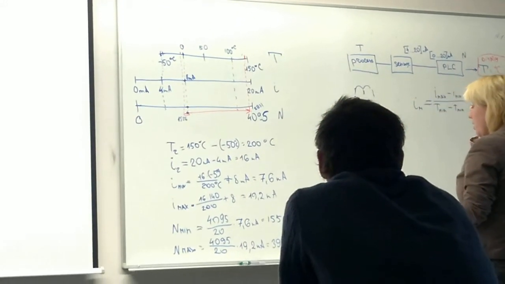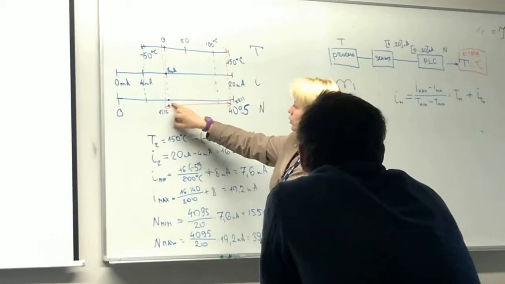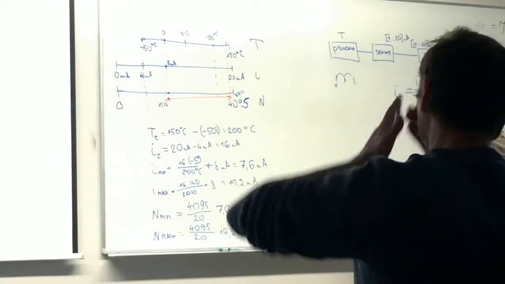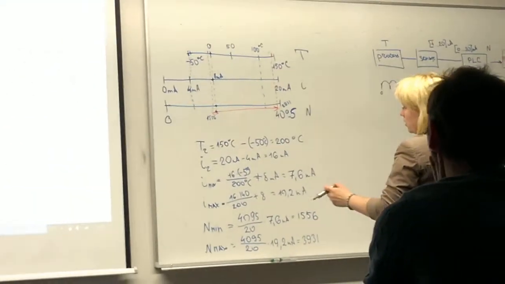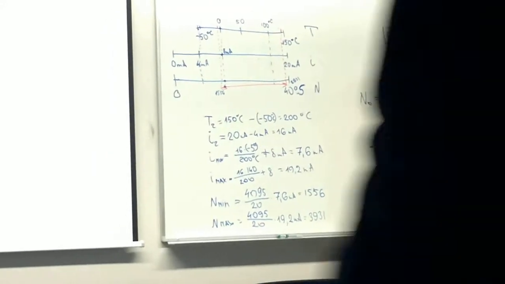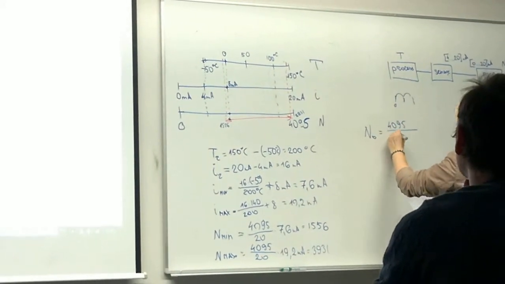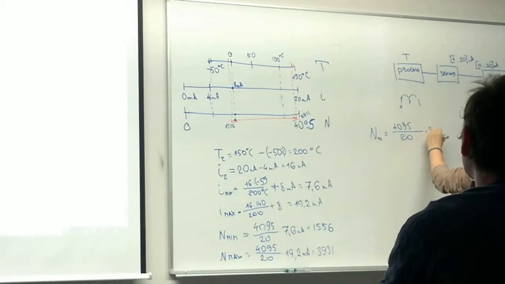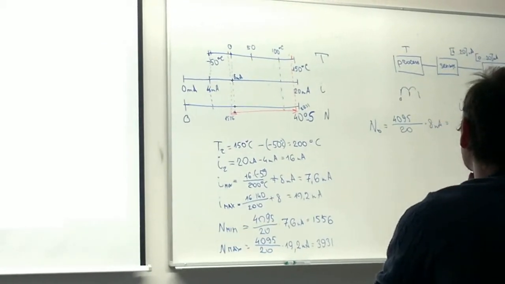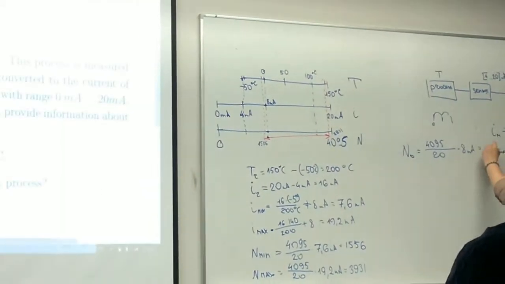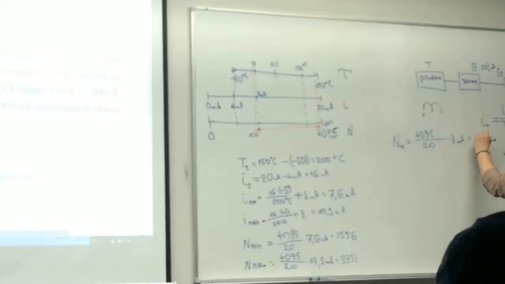So first of all, it's better to find out what number we have when our temperature equals 0. That number is 1638.